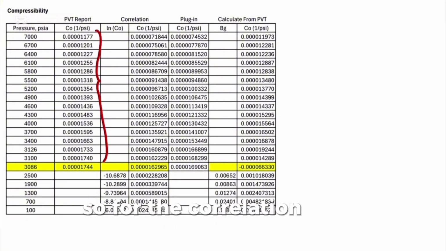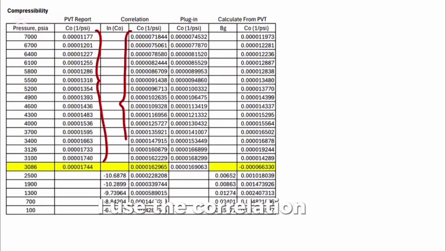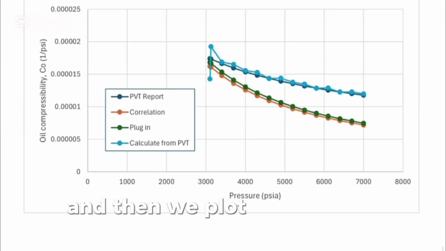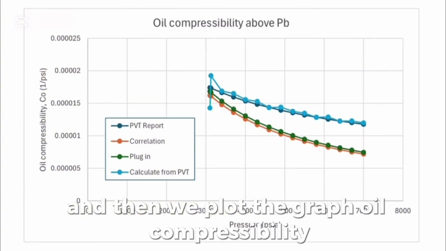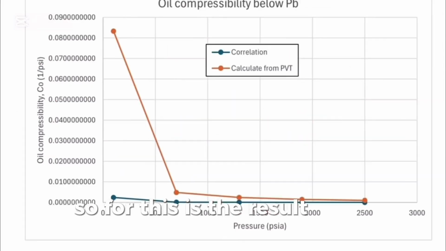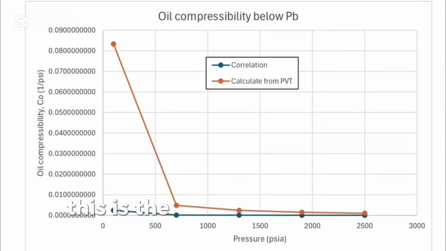For the correlation above bubble point, I use the correlation that is provided, and below bubble point there's a different correlation. Then we plot the graph of oil compressibility against pressure. So this is the result. Below bubble point, this is the result.